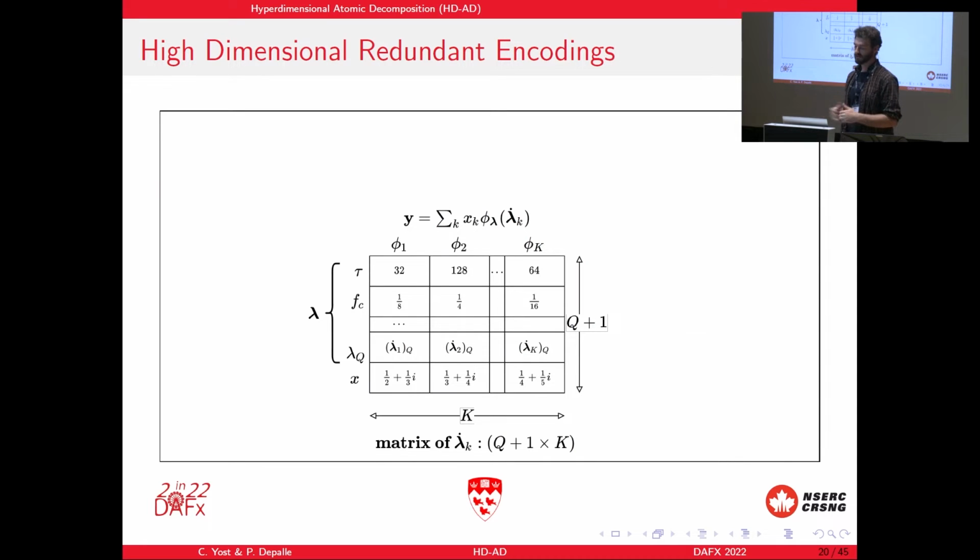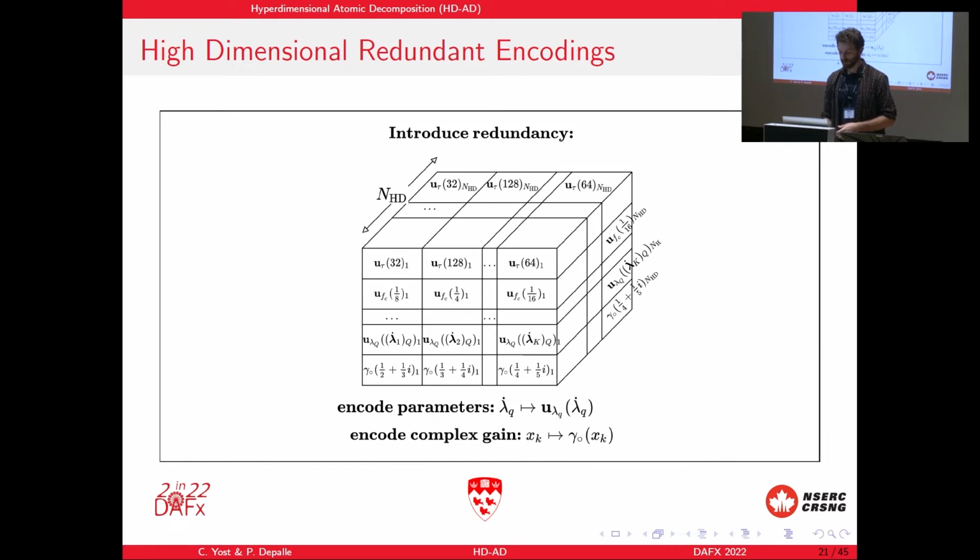Another way to visualize this process is, again, for some signal y, whose atomic decomposition can be visualized in this matrix of parameters. We start by first encoding all the values we want to encode. As you can see here, the values are still oriented the way they were in the original parameter matrix, except we've introduced this axis of redundancy in the encoding, which is projected backwards. We do this for both the atom parameters and for the complex gain.